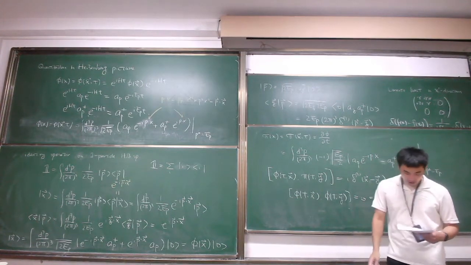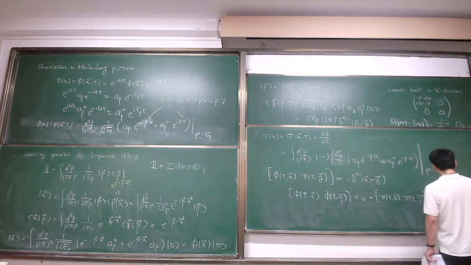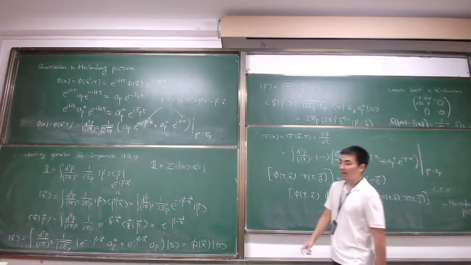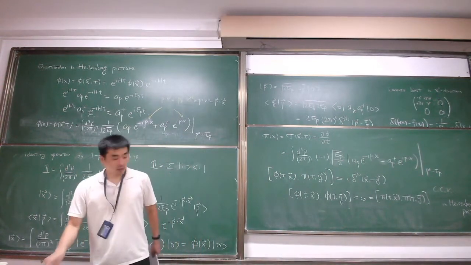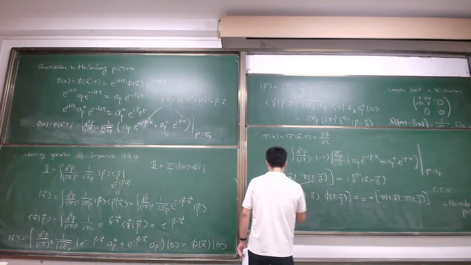Okay, so this is the canonical commutation relation. In either case, the CCR is the canonical commutation relation in the Heisenberg picture. So it needs to be equal time.